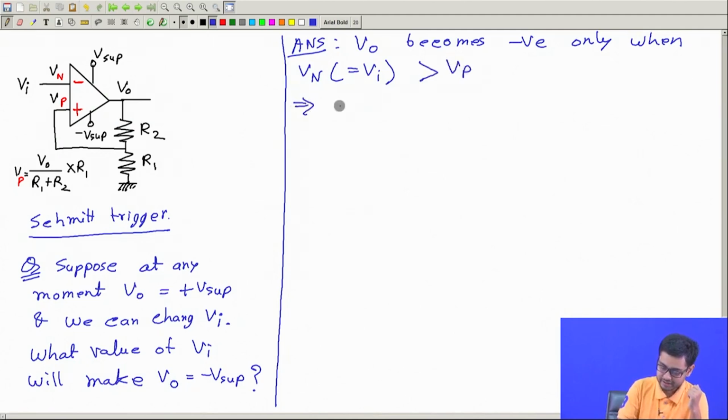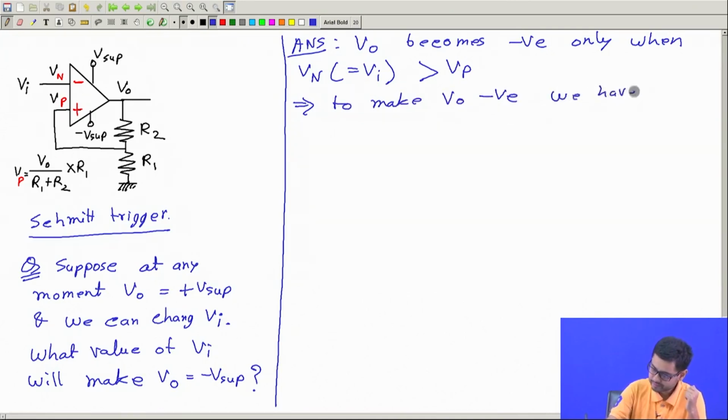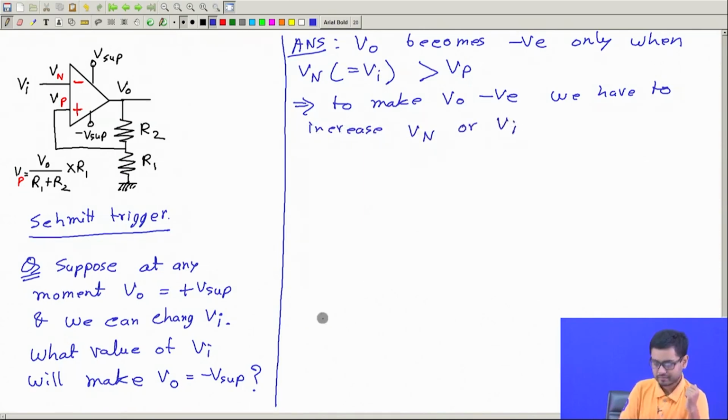So that means to make VO negative, we have to increase Vn or Vi. Okay. Now how much? What is the minimum value of Vn or Vi which will surely make output negative? Okay. So now how much to increase?